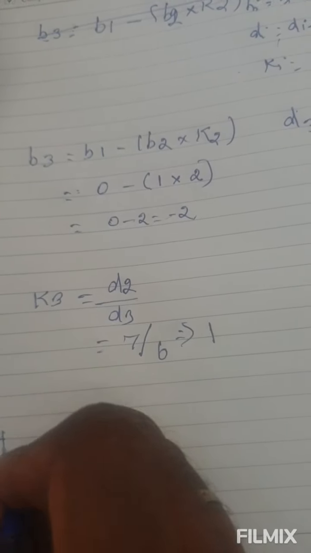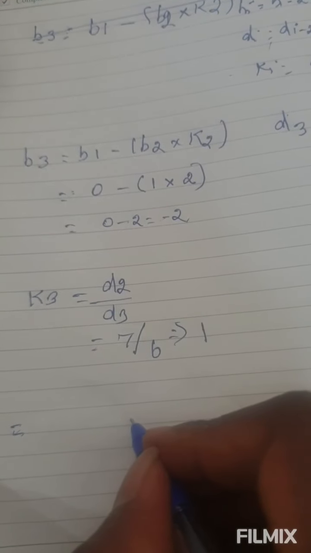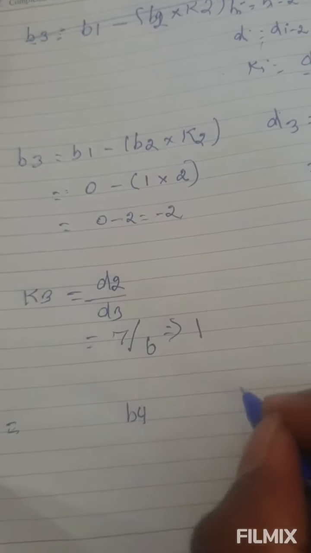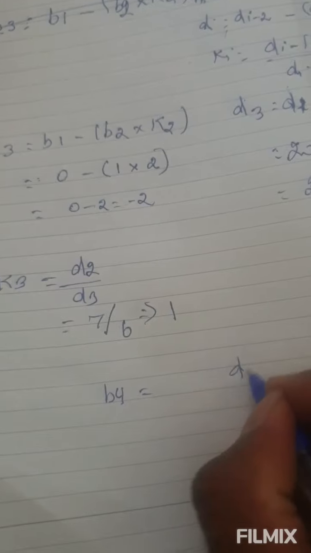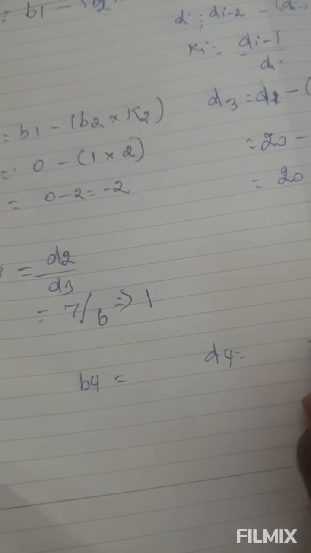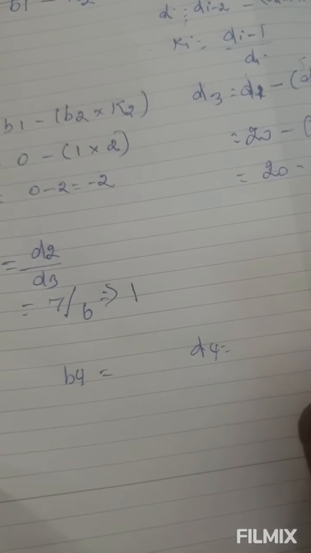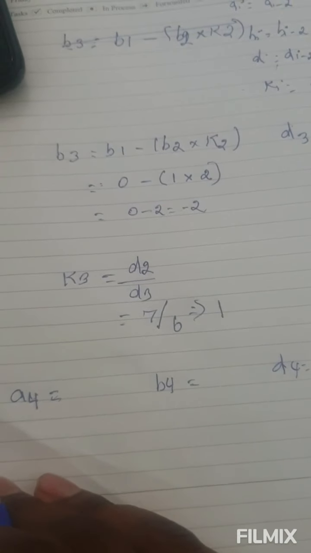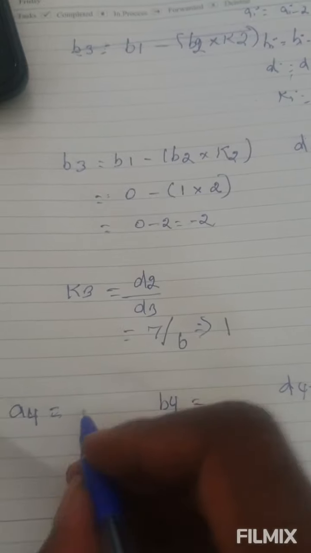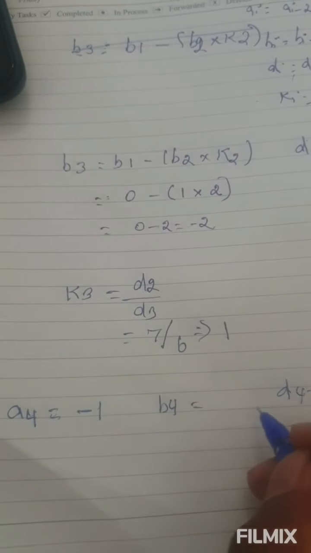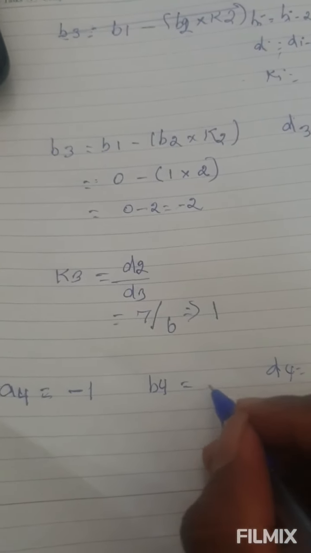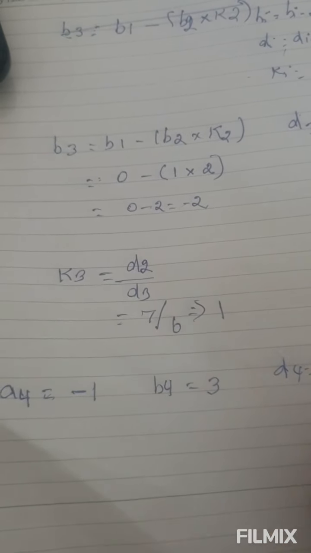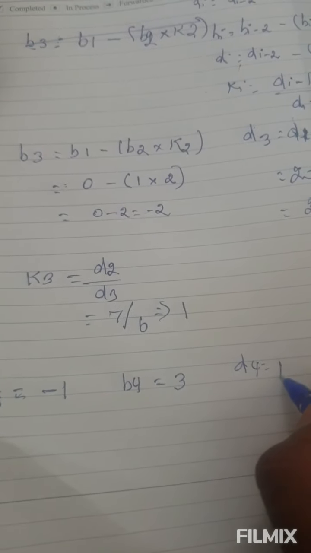Now I am going to calculate the value of a4. Similarly, we have to calculate the values of a4, b4, d4 and k4. So the value of a4 is minus 1, the value of b4 is 3, and the value of d4 is 1.